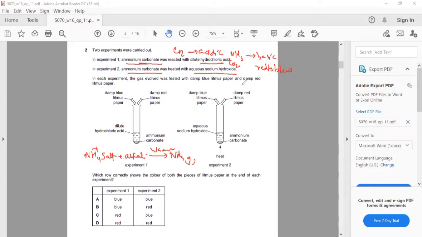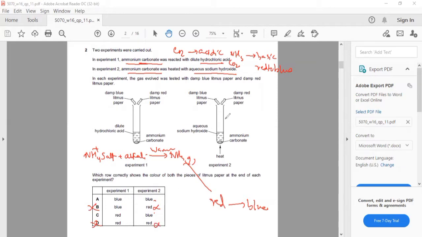So in experiment 2, ammonia is an alkaline gas. Ammonia turns damp red litmus blue. So in experiment 2, the litmus paper will be blue. That means D is wrong and B is wrong, because red is not possible.